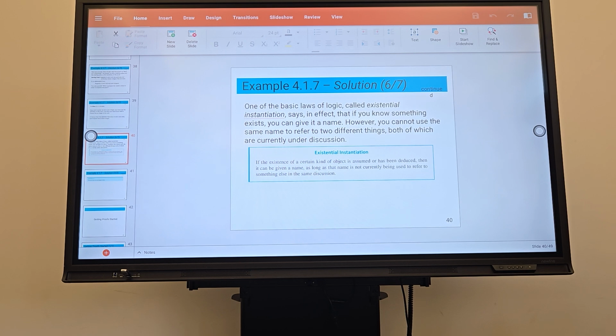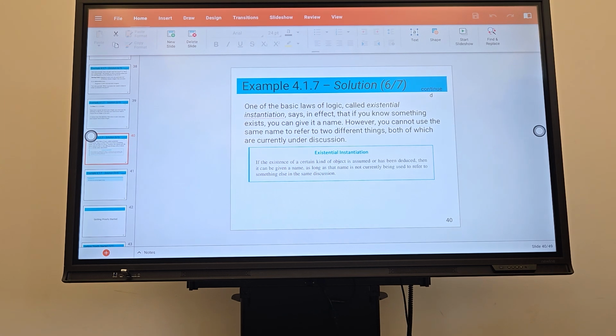One of the basic laws of logic, called existential instantiation, says that if you know something exists, you can give it a name. However, you cannot use the same name to refer to two different things, both of which are currently under discussion. It's kind of like scope in a program. You can't use two variables with the same name for two different things in the same scope.